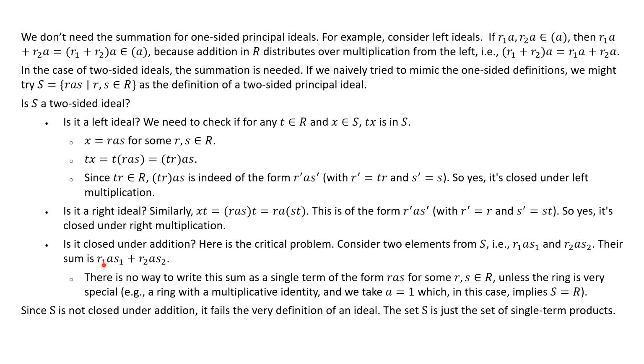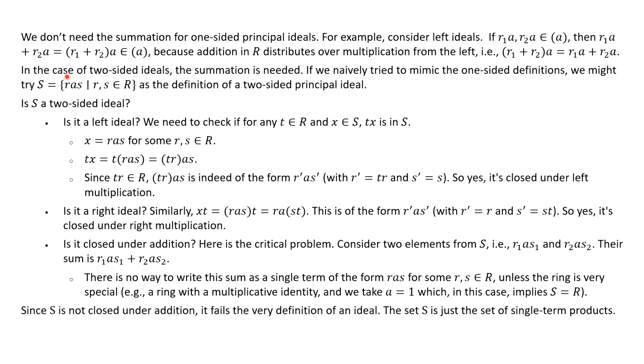We can't factor out the R or the S. They're different values. And so unless we have a very special type of ring, for example, a ring with a multiplicative identity, and we take A is 1, where we get S equals R in that case, other than something like that, we're not going to get an ideal using this definition here.